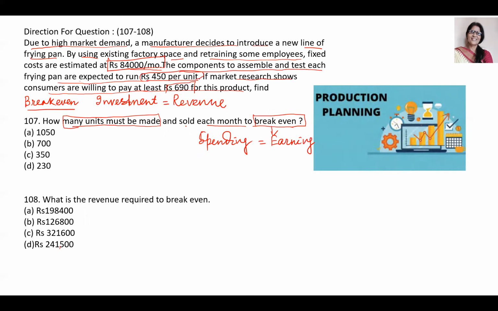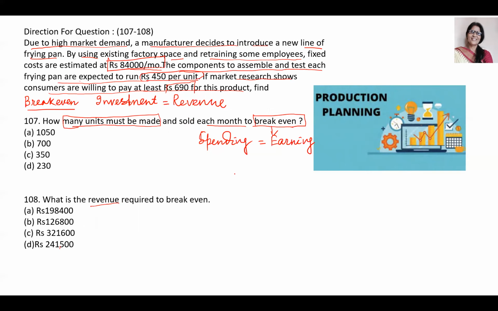So here there are two unknown quantities. One is how many units of frying pan, which we can take as x, and the next is the revenue. Revenue means how much he is earning by selling.